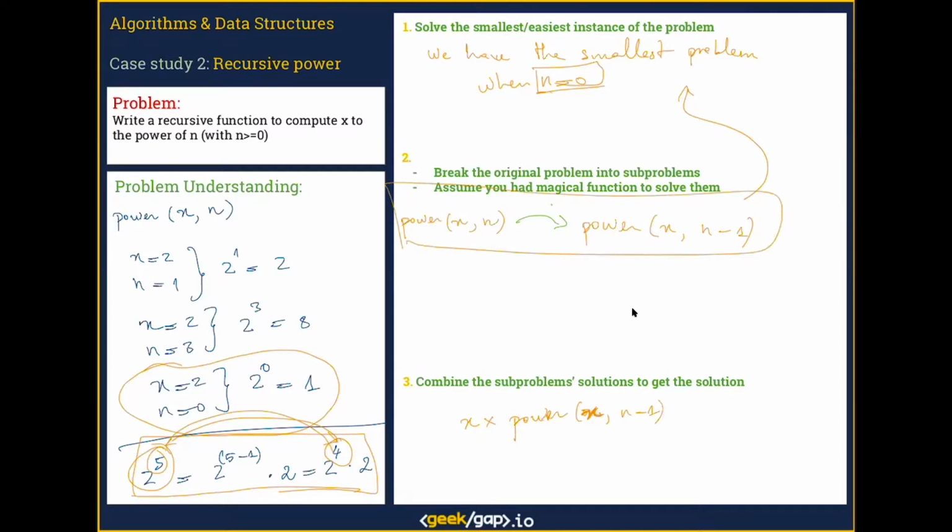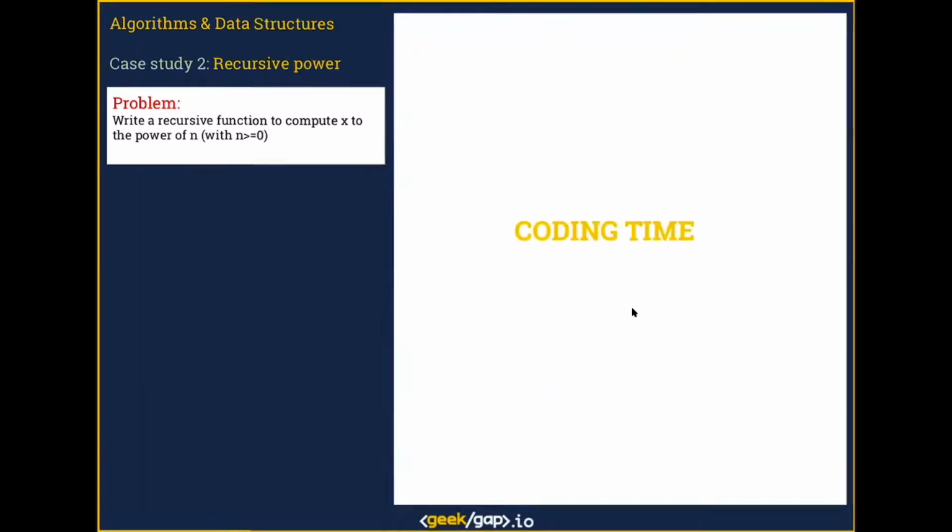Once we have power of x n minus 1, how can we combine that solution to the sub-problem in order to find the solution to the original problem? Well, all it takes is to multiply x by the solution that we had for the sub-problem. And that's precisely what we're going to do now at the recording time.